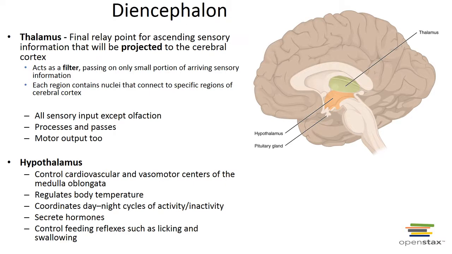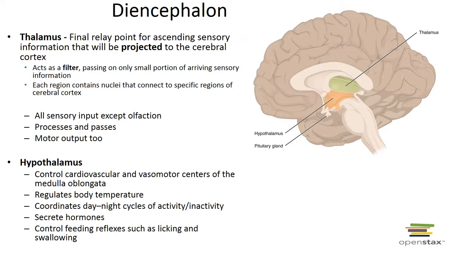Almost all sensory input goes through the thalamus, with the exception of olfaction, so the thalamus is sometimes called the gatekeeper or relay station for sensory input. The thalamus also contains many nuclei, each projecting fibers to and receiving fibers from a specific region of the cerebral cortex.